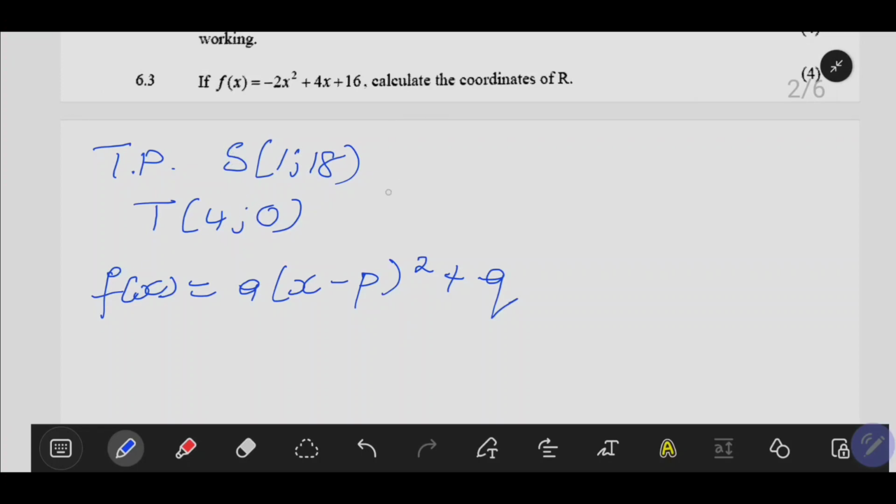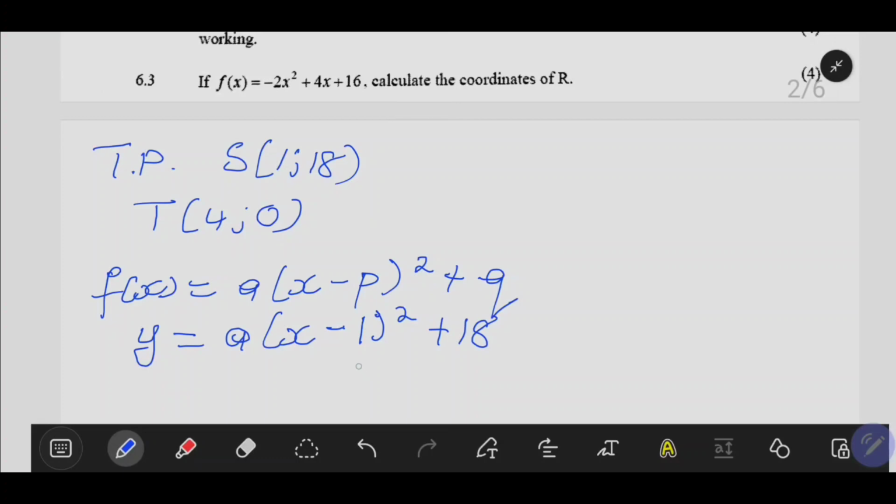Then we are going to substitute the turning point, because we know that p and q are the values of the turning point. Then it means in this case, we're going to have y is equal to a into (x. And then remember, this is positive 1 here. When it comes in the bracket, it will be negative 1.) Then all squared plus 18.